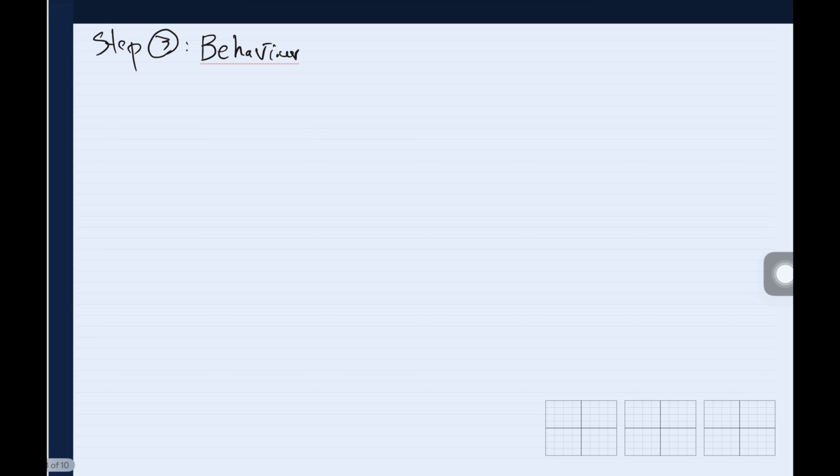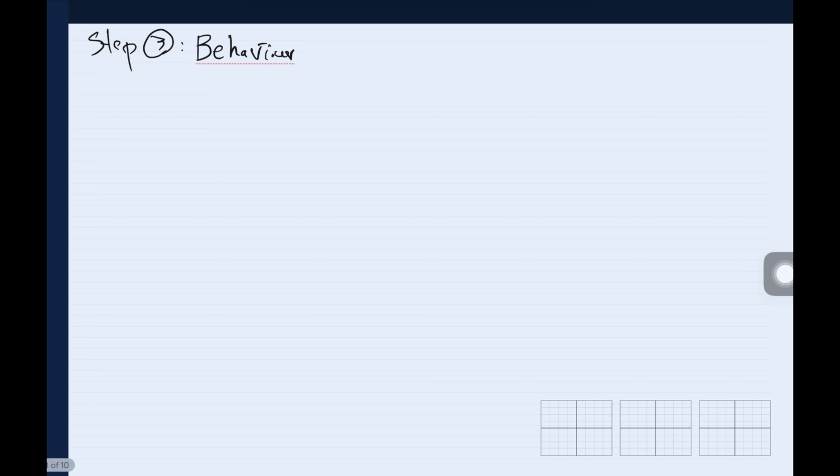So let's have step 3. Step 3 is the behavior of the function. I want to know how that function behaves at two important regions. So I have to check the behavior. Part A is ending behavior.